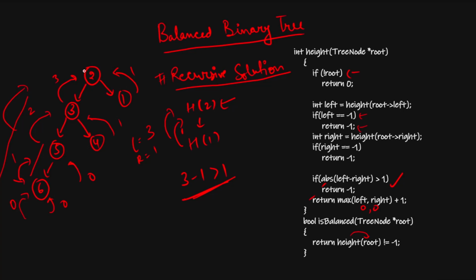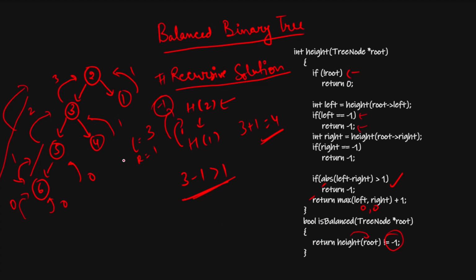Everywhere I will return the height, but once I find my tree is not balanced, in that case I will return -1. So here I will not return 3 plus 1, which is 4. Here I will return -1. If I return -1, that means my tree is not balanced. So we can see that my tree is not balanced.